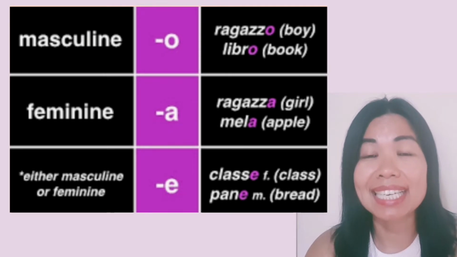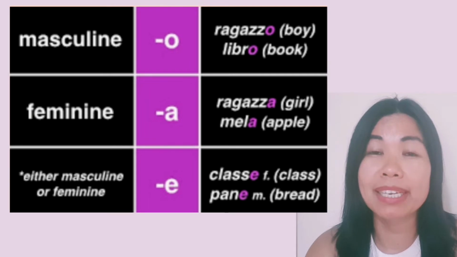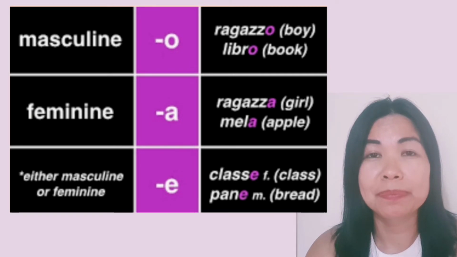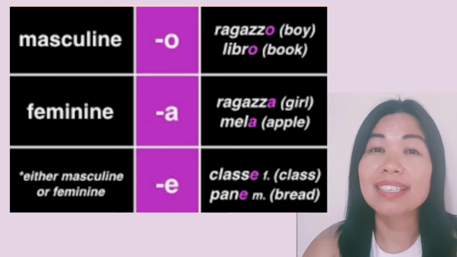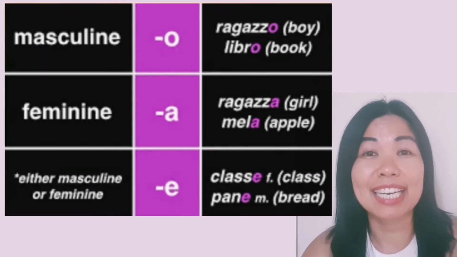Like classe, classe is feminine, and pane is masculine. So, if you don't know if they are masculine or feminine, you have to learn them by heart or consult Mr. Webster. So, this is what we call the gender in Italian.